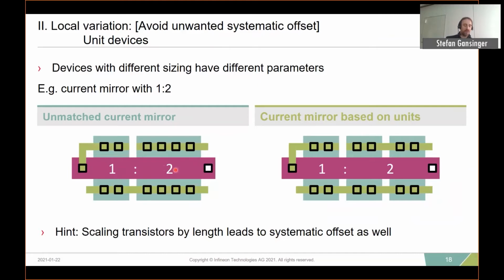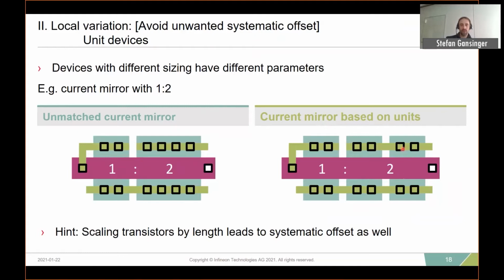So if we want to have a good matching or a low systematic offset, we are not going for this implementation. We are going for an implementation like this. This is a design which is based on units. So instead of making the output transistor twice the width of the input transistor, we use 2 output transistors.